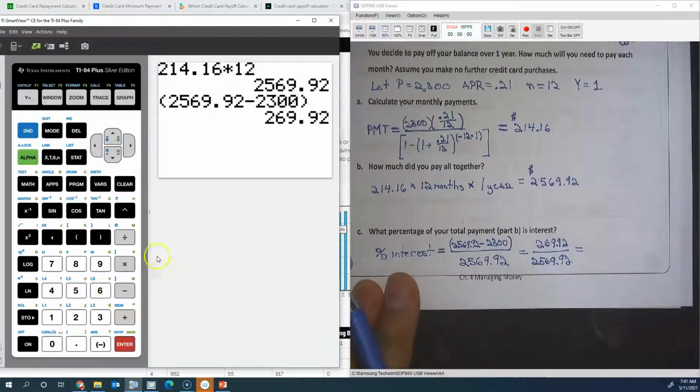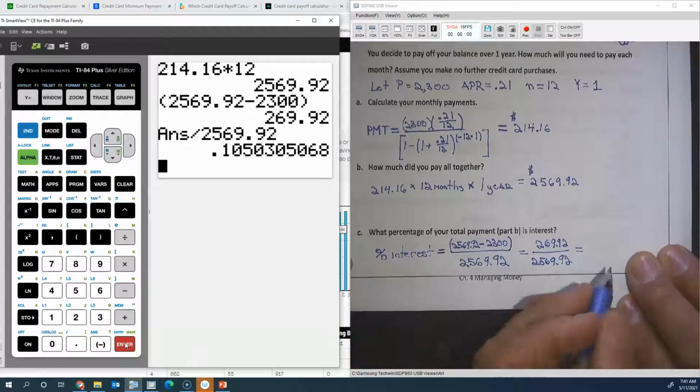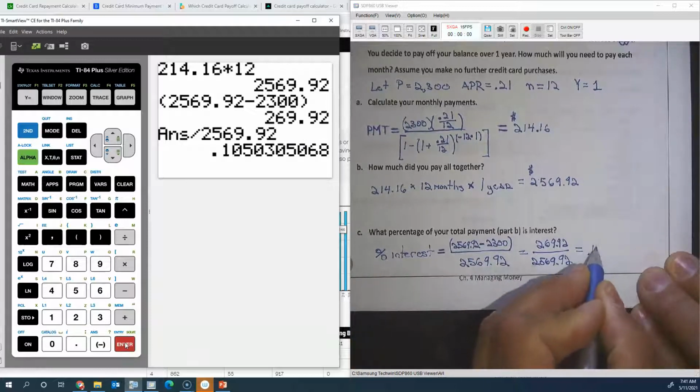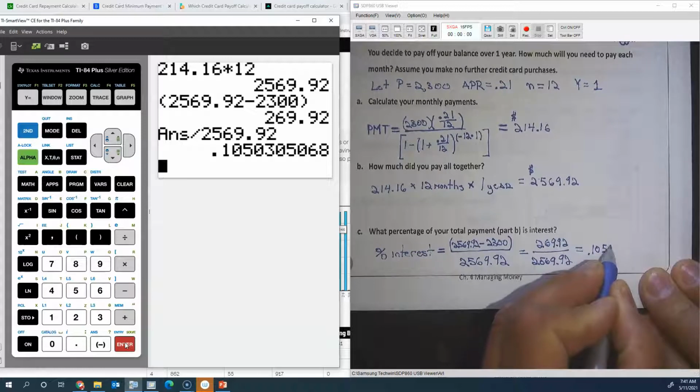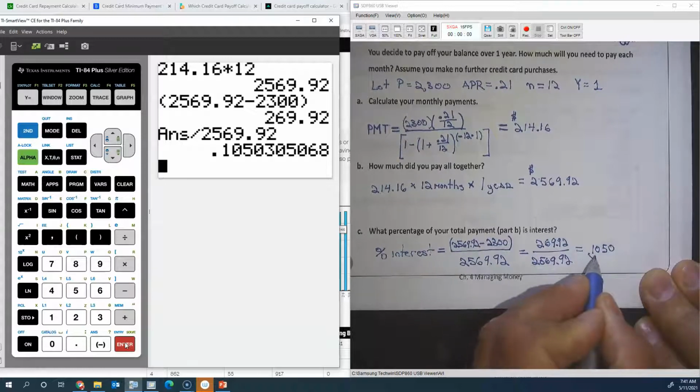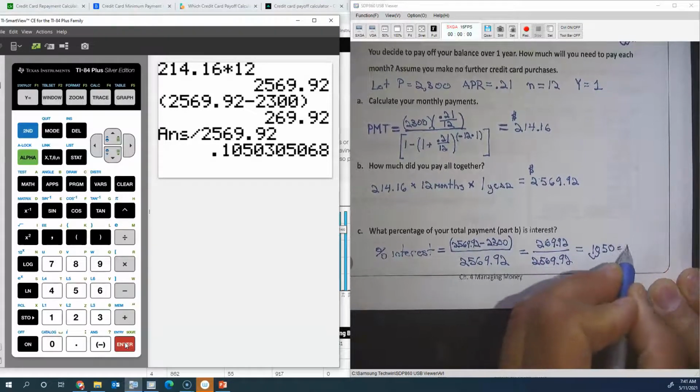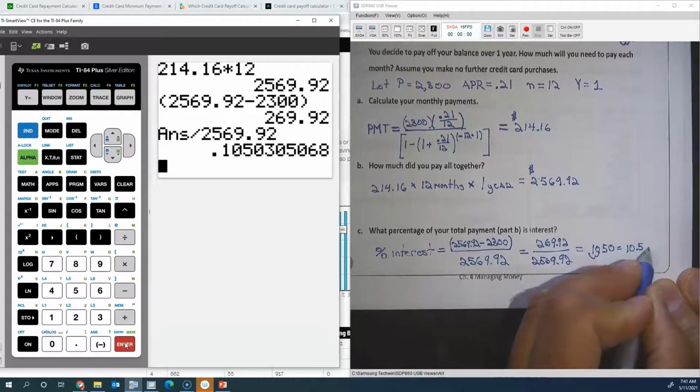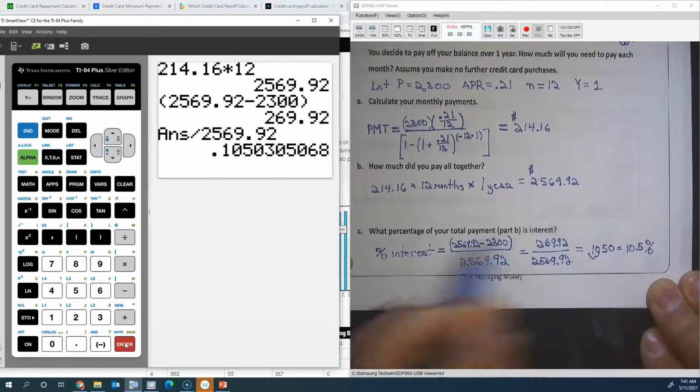So now divide. Enter. And if I move the decimal 2 places to the right, that's 10.5% interest.